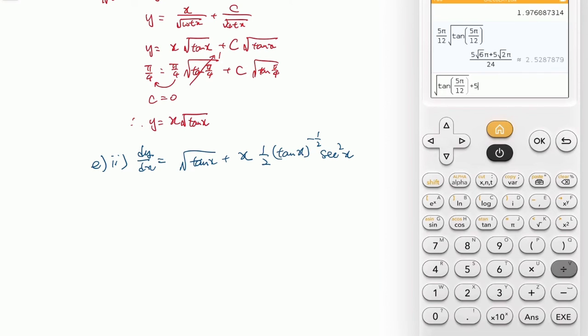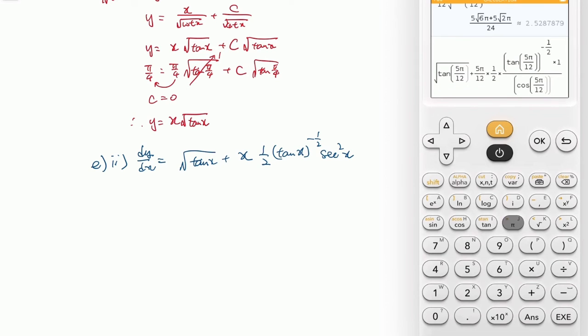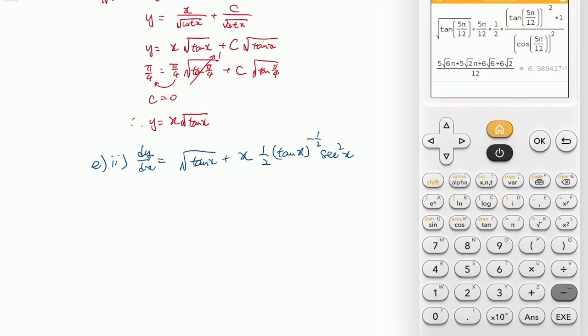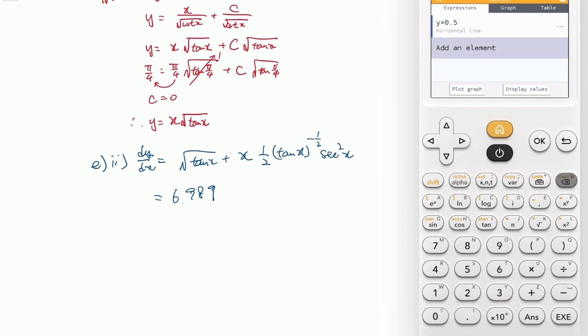This is obviously me guessing how to do it. Times 1 over 2 times tangent to the power of negative 1 over 2 times secant square, so that's 1 over cosine 5 pi over 12 squared. It's roughly 6.9, so roughly 7. I don't see why. I mean, that's quite big, but I was expecting something even bigger.